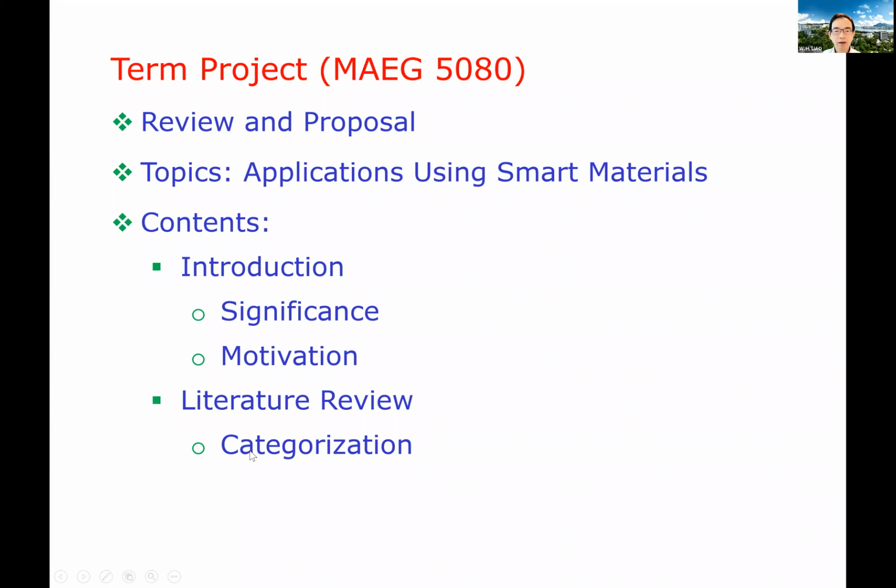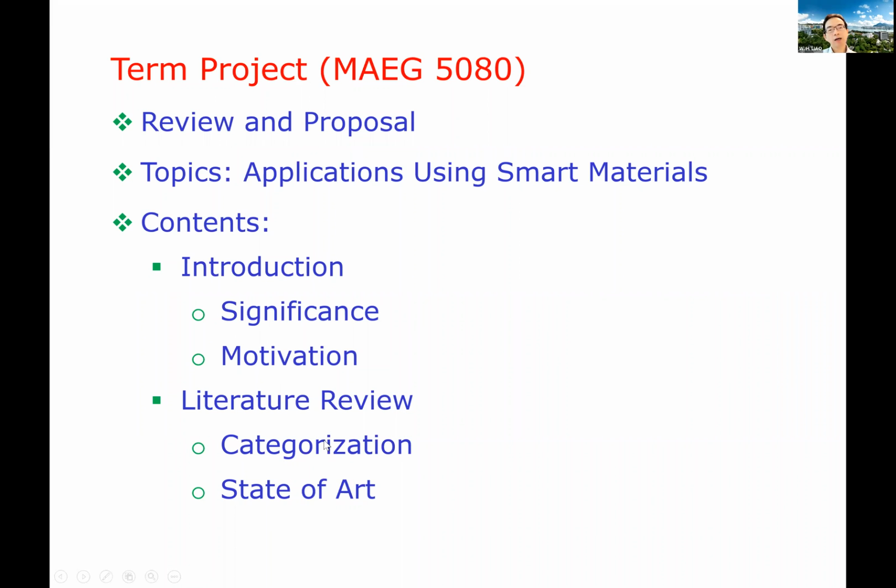So, as I mentioned, do some categorization, right? You also need to know the state of the art. Don't just look at work from 10 years ago or even 20 years ago, especially since some work has been done more recently. That will also be good for you to pay attention to.